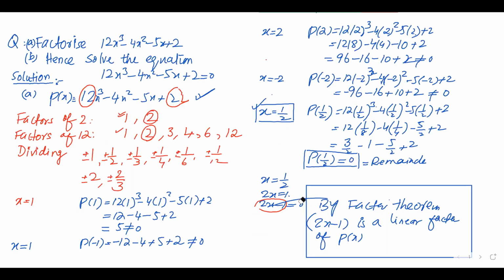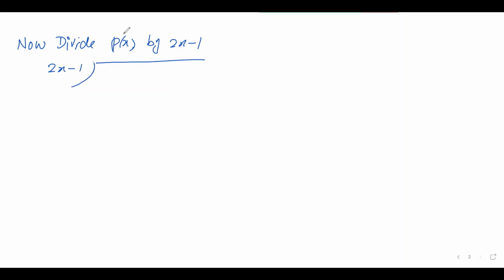Now divide P(x) by 2x minus 1. So this is long division. 2x minus 1 here, and the given polynomial is 12x cube minus 4x square minus 5x plus 2.